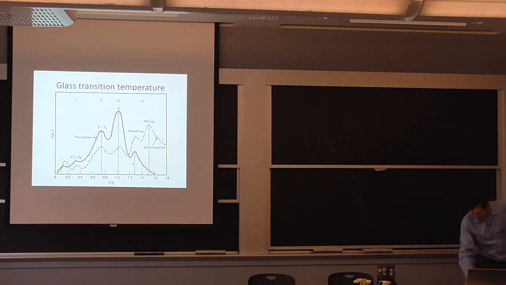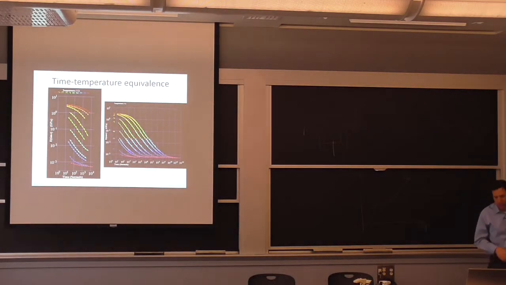So the time temperature equivalence process is essentially using this where for a certain temperature you change the rate of deformation, the rate of loading, or that cyclic load, and it gives you the equivalent behavior that you'll have. Say you go very fast at a low temperature, it's the equivalent of going slower at a higher temperature.